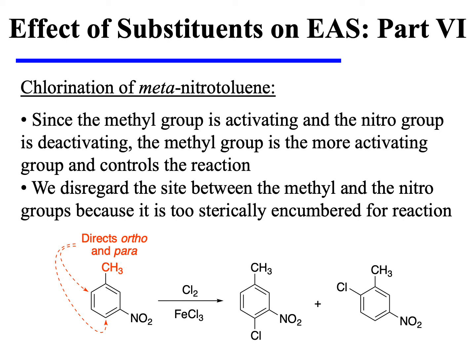We know that it directs ortho and para to itself. However, we must disregard the site between the methyl and nitro groups because it is too sterically hindered for reaction. This leaves us with two viable sites for EAS reaction to occur.